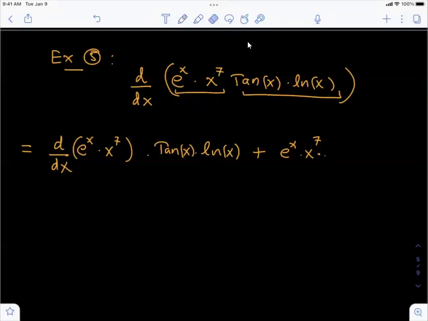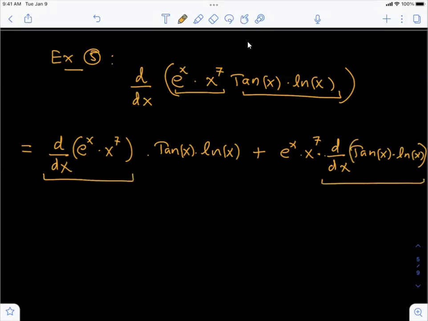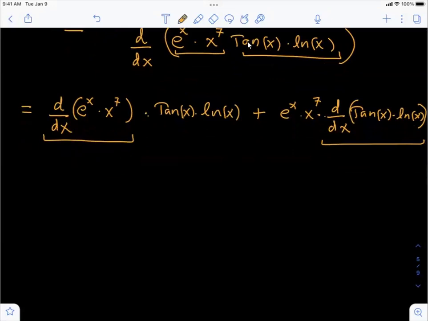Now let me just indicate it again just by the symbol d/dx of tan x ln x. Now all you need to do in the next step is to expand this by taking the derivatives, and then the complete recipe is already available. You put everything in the positions. So the first one, the derivative of the first component e^x together with the original of the second, so x^7.